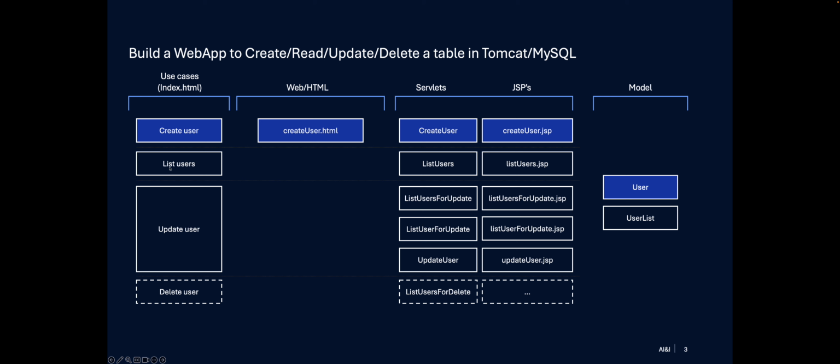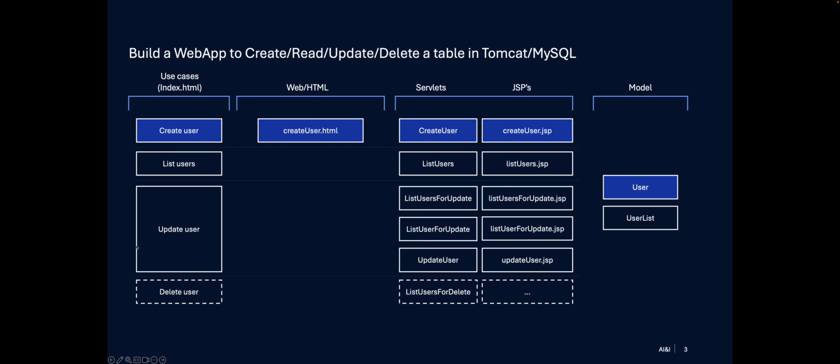is the list user case that basically creates or calls a list users servlet, which looks up a user list object, which is some sort of list of users, and then presents a table in a JSP page.